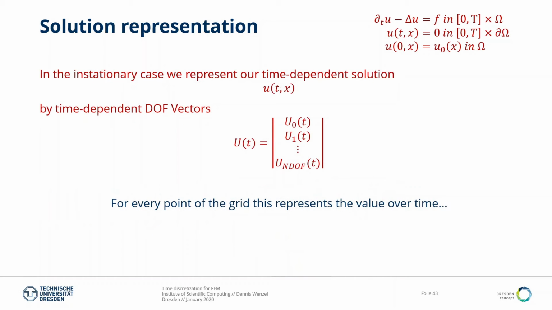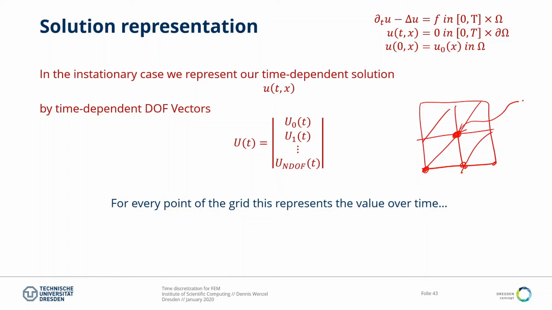Imagine your grid, and you have your points of the grid, and you want to know what's happening there over time. So the component of the DOF vector representing this point here, that's just u4 of t, some function telling you what your solution is doing at this particular point over time.